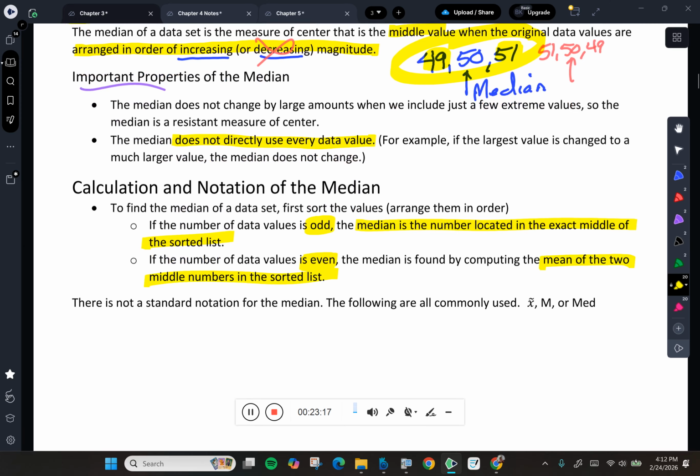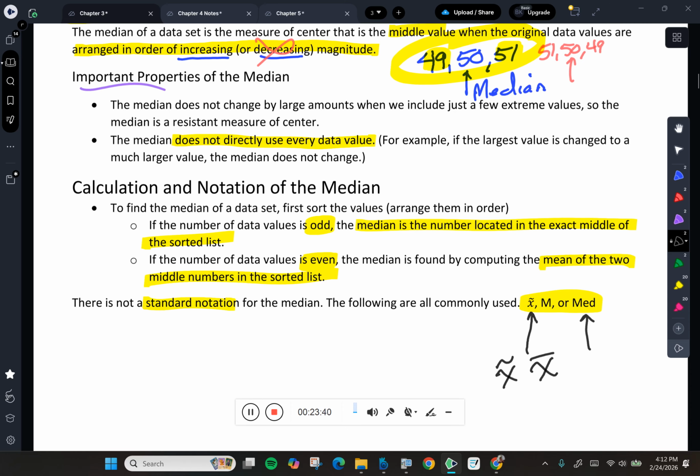Okay? There is no standard notation for the median, like we had X bar for the mean. These 3 are most commonly used. I'm a huge fan of this one. I don't like this one because I think that this and this are really similar when you're writing by hand.